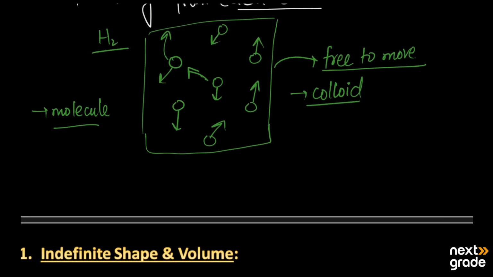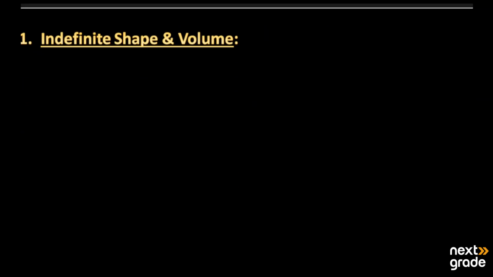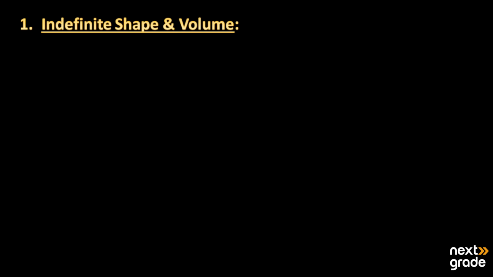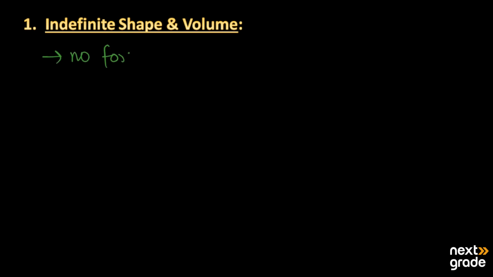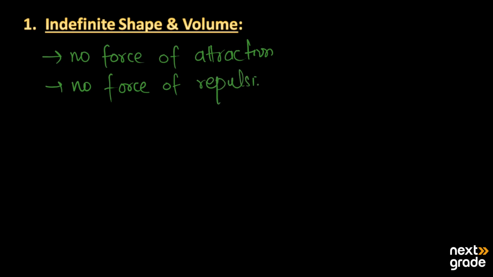Next, we have the shape and volume of the gas molecules. As there is no force of attraction and no force of repulsion between the gas molecules, all these gas molecules are free to move.